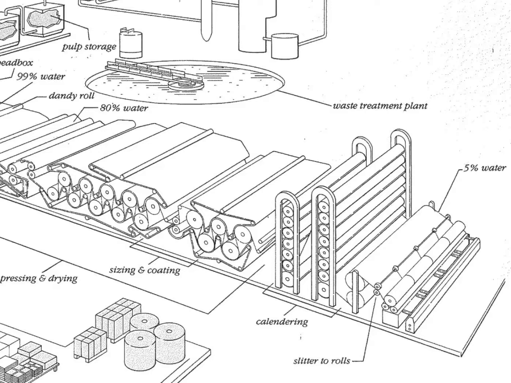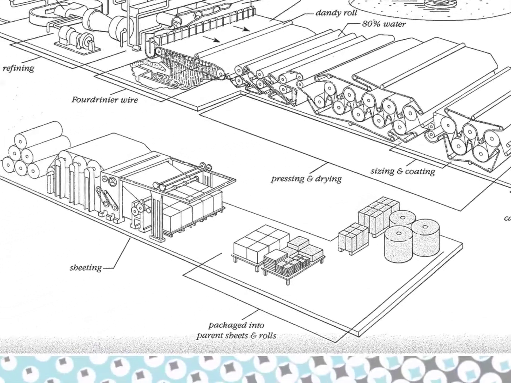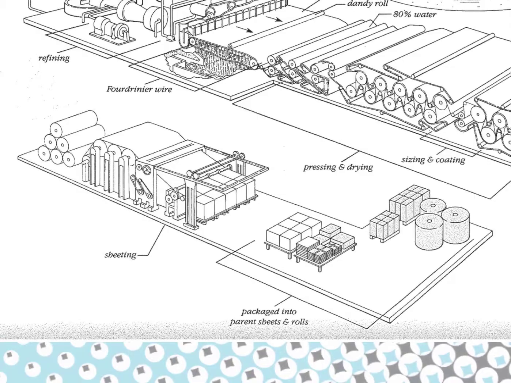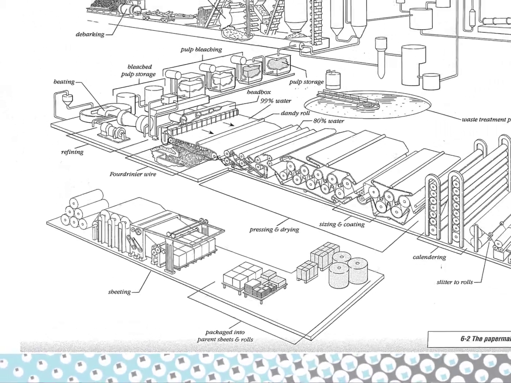So coating and coloring and texturing happens, and then it finally gets put onto giant rolls, and the rolls get slit down into smaller rolls, but they're still quite large. Then the rolls can be delivered, or they can be cut into sheets right there.